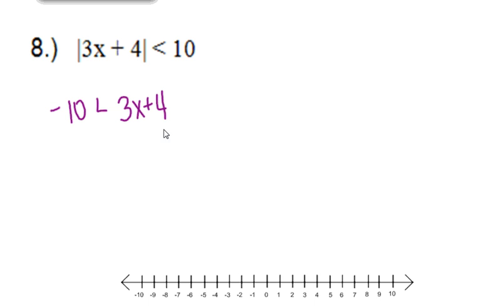So we've got our 3x plus 4 in the middle, and finally we're going to keep our positive 10 on the right.